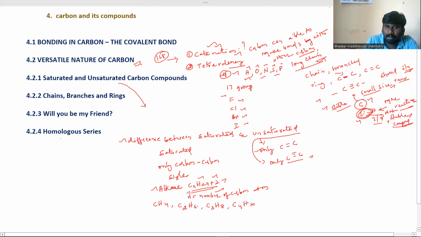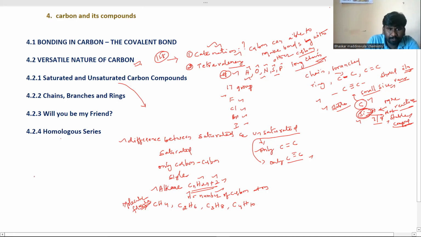They have completely carbon single bonds. Clear? Whatever I wrote here are the molecular formulas.